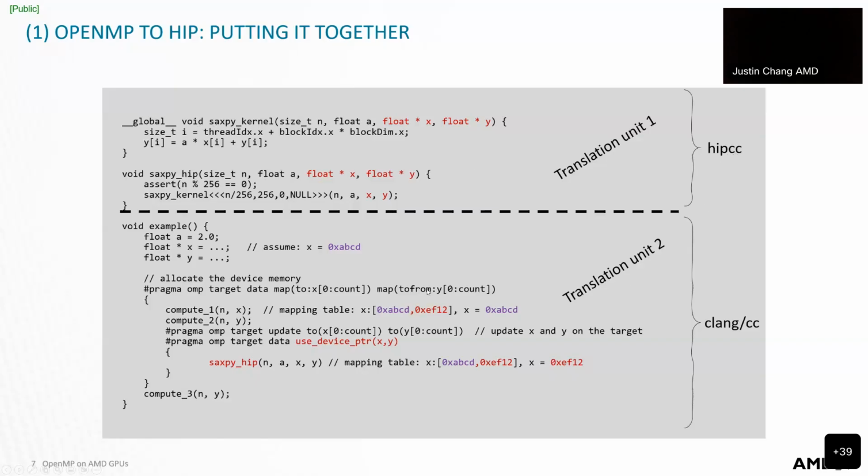The second translation unit has to stand alone in a separate file, which needs to be compiled with either Clang if you're using the AOMP compiler, or if you're using the Cray compiler, it has to be compiled with CC. Now, this is what we had to do last year. I'm not sure what the case is this year, but my suggestion is to continue to follow this practice of separating the OpenMP code from the HIP code exclusively, and to compile them separately with the appropriate compilation flags.